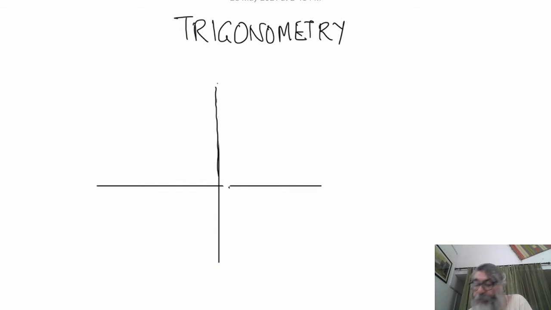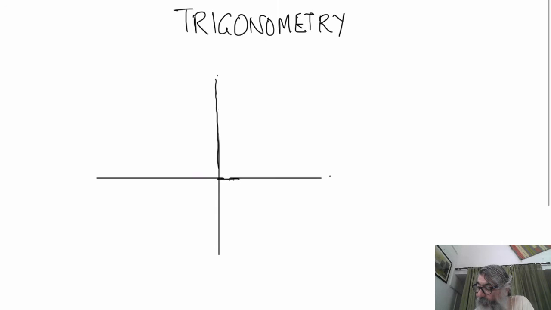Okay, we have two axes. One is called the x-axis, x dash. This is the origin O, y dash. If I start from OX, suppose a generator line OA is any line, and I move it, it comes here, then here.